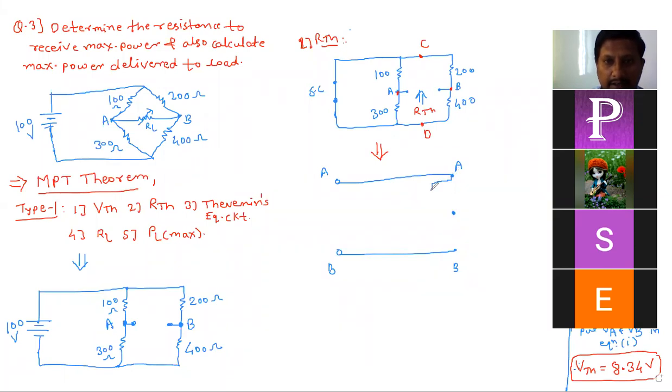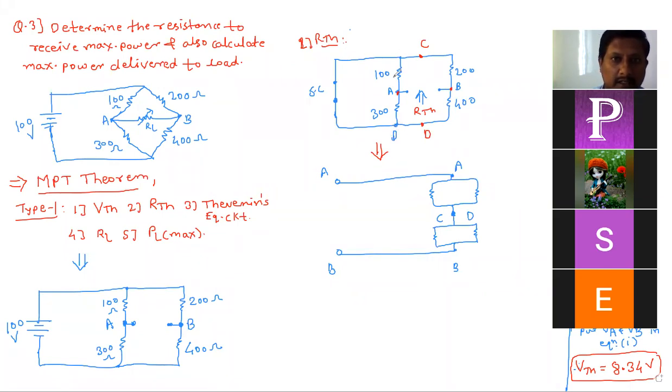So between A and D and A and C, this is the C point, this is the D point. C and D points are the same because they are shorted here.